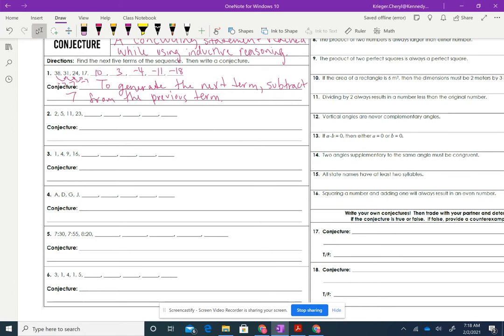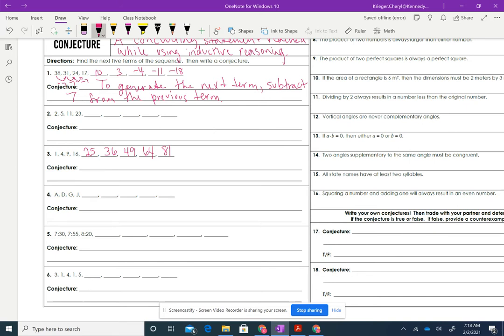So 25, then 36. Oh, you know what these are? These are perfect squares. 1, 4, 9, 16, 25, 36, 49. Huh. Okay. And then 64 and 81.